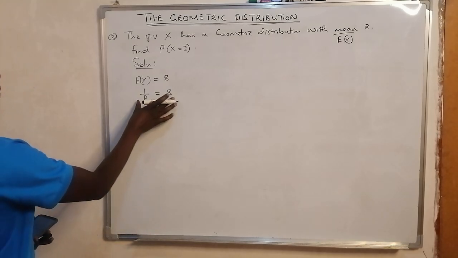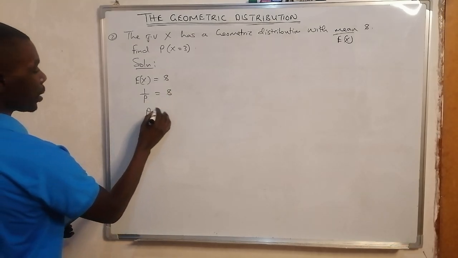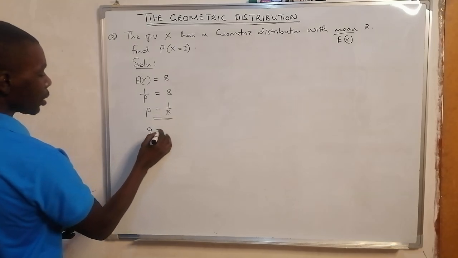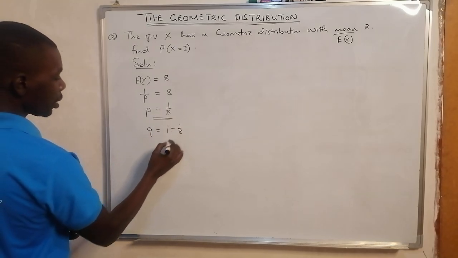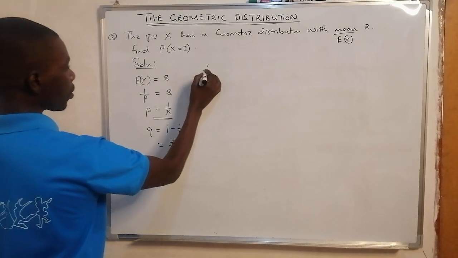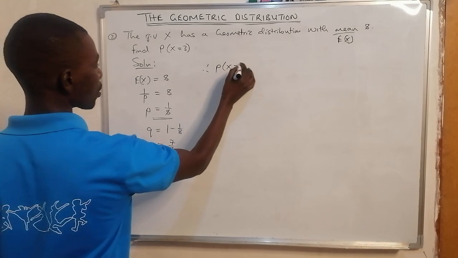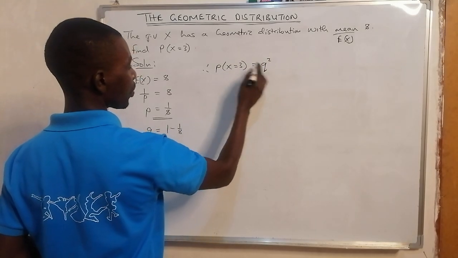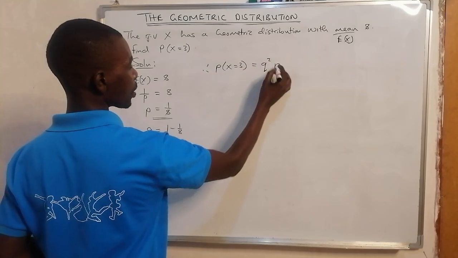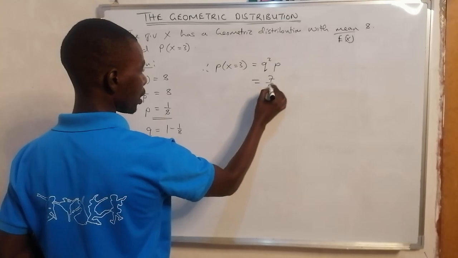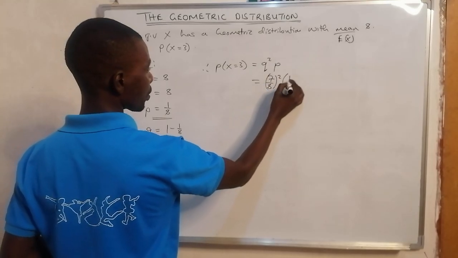So if we solve this one, we get our p equals 1 over 8. Then our q is equal to 1 minus 1 over 8, which is 7 over 8. Therefore, P of x equals 3 is given by q squared, remember, 3 minus 1, times p.